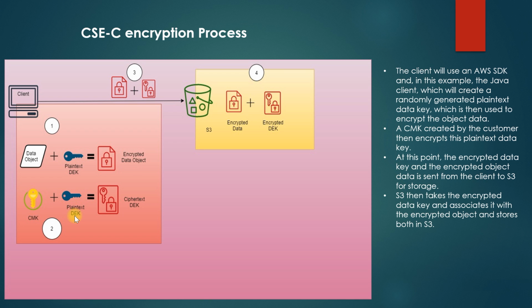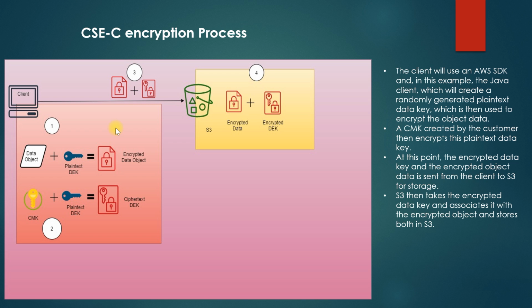Subsequently, this plain text data encryption key will be encrypted with the help of your customer key, and we will get the ciphertext data encryption key. So at this point in time we have both the encrypted data object as well as the ciphertext data encryption key.